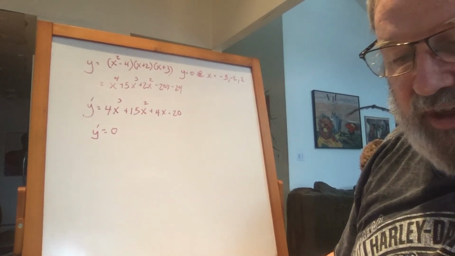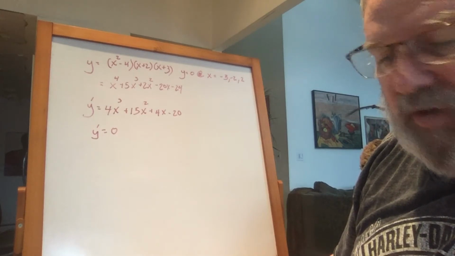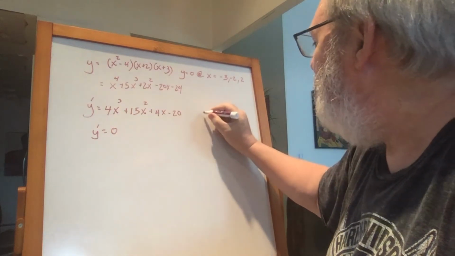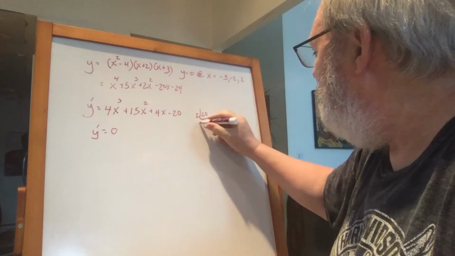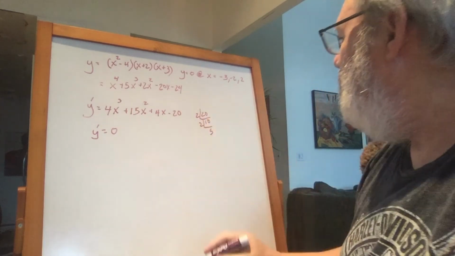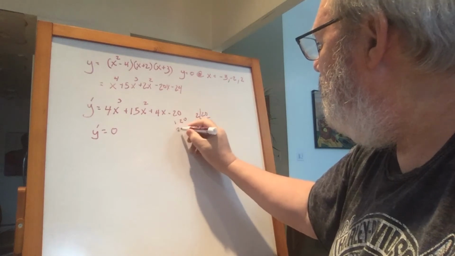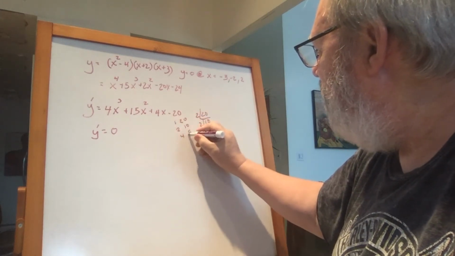We could take a look at the different factors for this. Okay, 20, you got 2, 10, 2, 5. So we got 1 and 20, 2 and 10, 4 and 5.